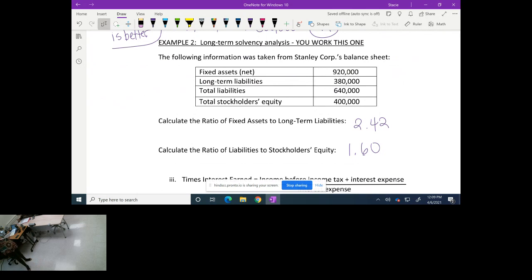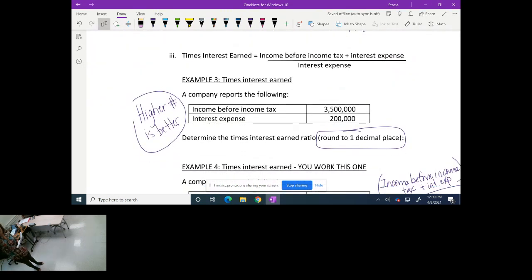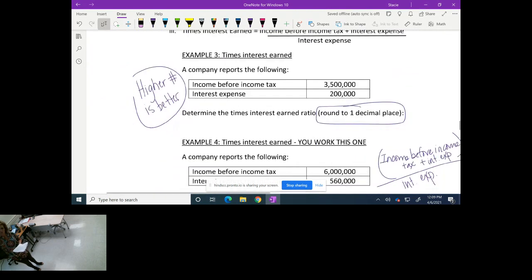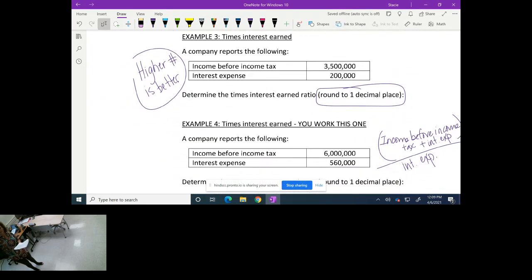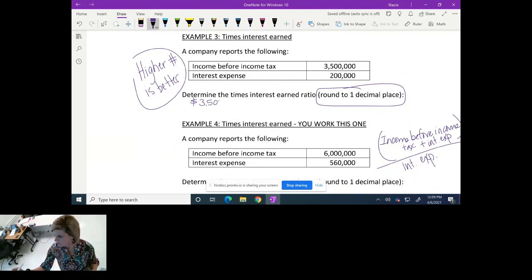So did you all get these numbers? Everybody good? Okay. Times interest earned. The formula is income before income tax plus interest expense, divided by interest expense. On this first one, note the instructions say rounded to one decimal point. So we take our $3,500,000 income before income tax, add the interest, and divide by the interest, which is weird, but that's the way it works.